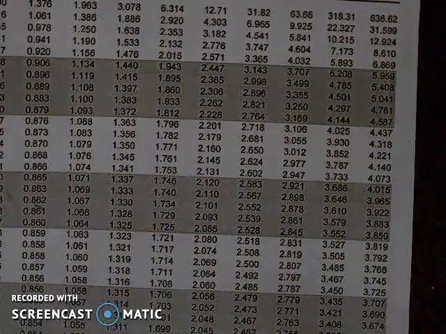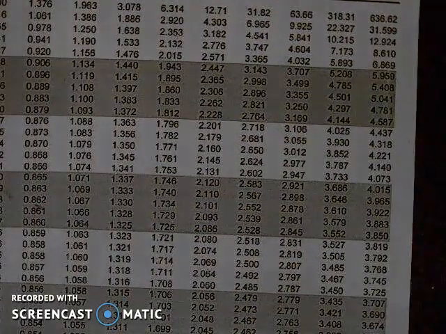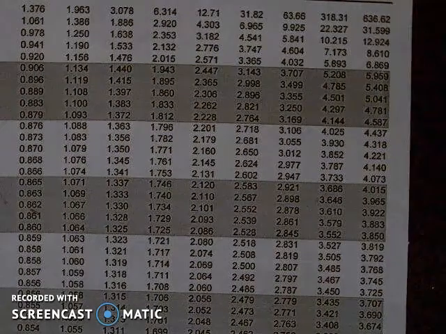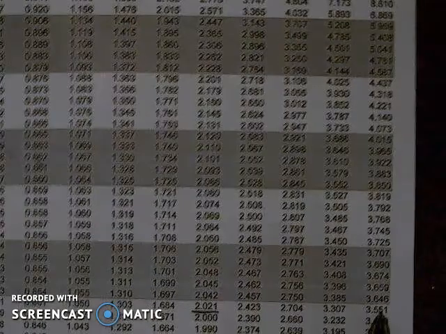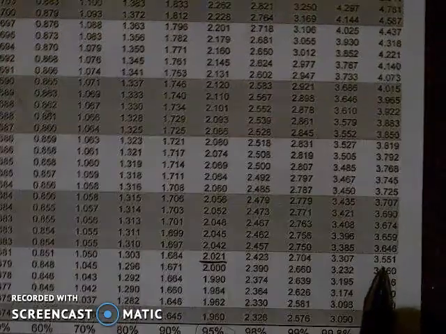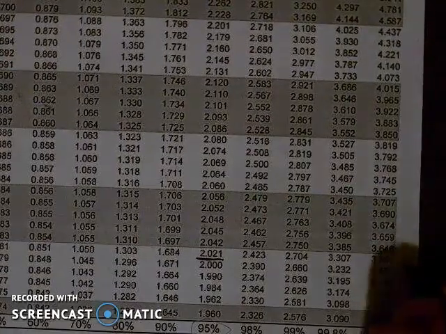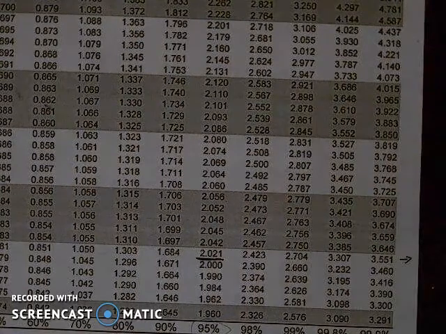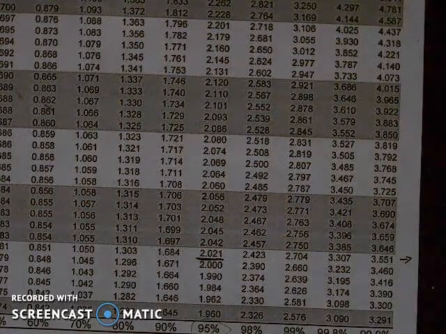Now, on my chart, mine stops at 0.001. I don't know if you can see that. There we go. Sorry. I don't have any more. There's no further I can go. 4.15 exists somewhere over here.